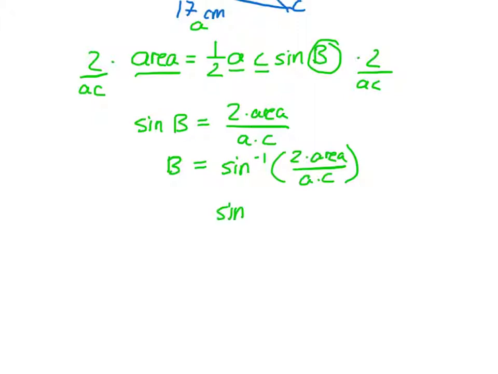So I have B equals the inverse sine of 2 times 73.4 divided by 13 times 17. And this is approximately 41.6 degrees.